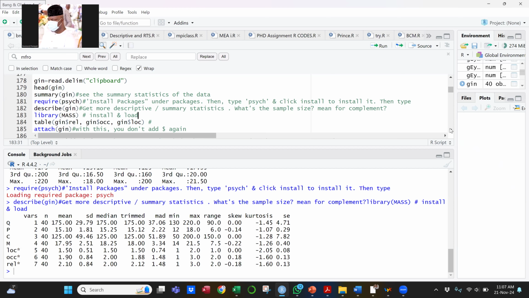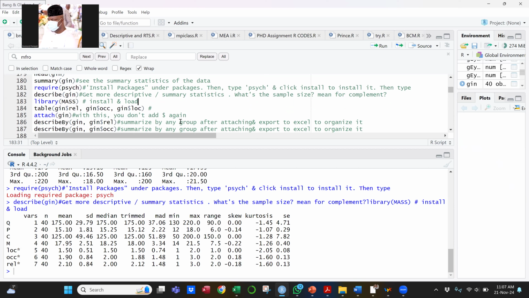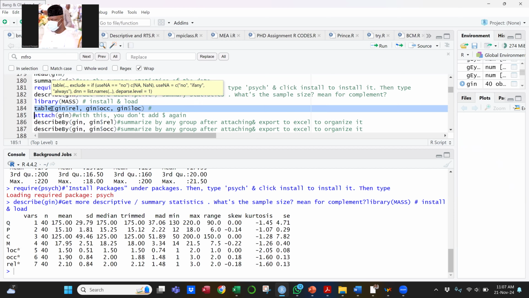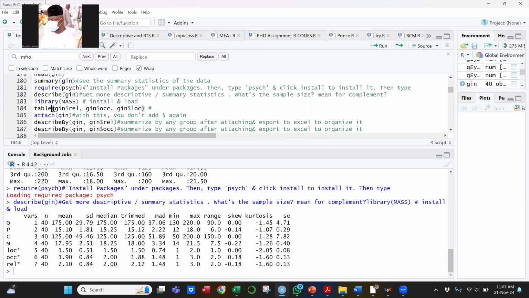In fact, you have to do the attach before you come to the next thing I'm going to talk about. If you don't do attach, the rest of the information might not work. Other than that, don't do attach. Just run the library mass. Guys, I hope you know the difference between when you're attaching and when you're not attaching.